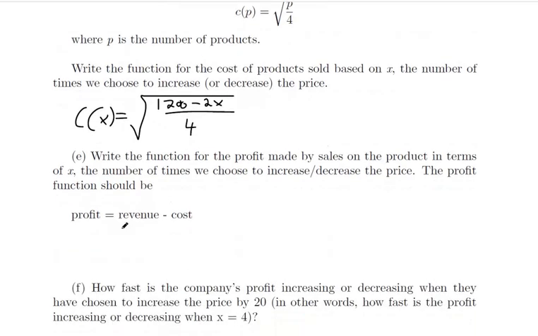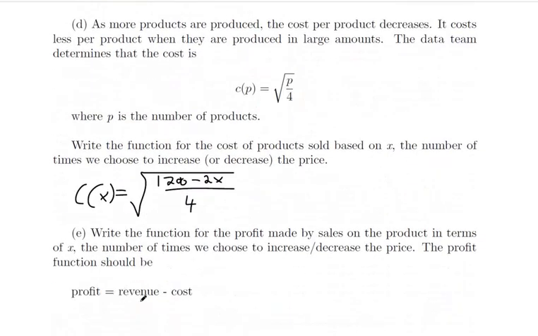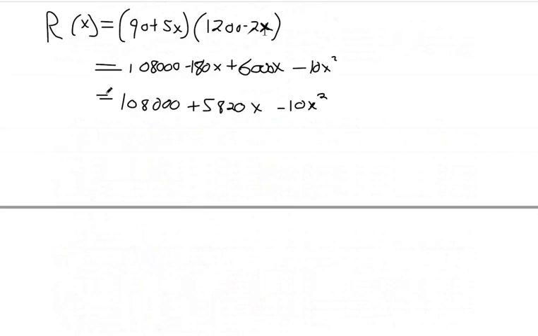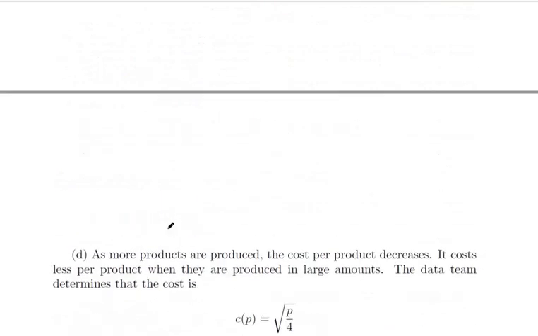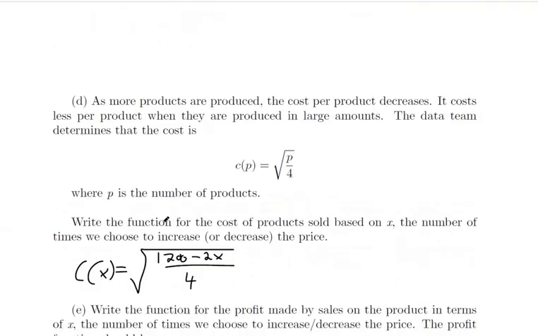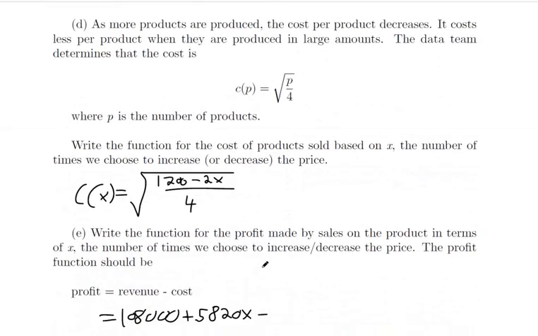And then for part E, we're just supposed to write the profit function. This is just as easy as it might seem. It's the revenue, which we did in part C. So take the revenue, subtract the cost, which we got in part D. So the revenue is right up here, 108,000 plus 5,820x minus 10x squared.